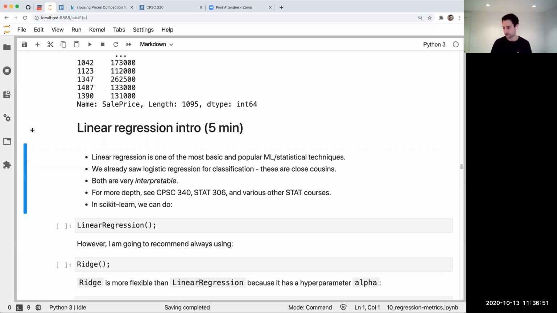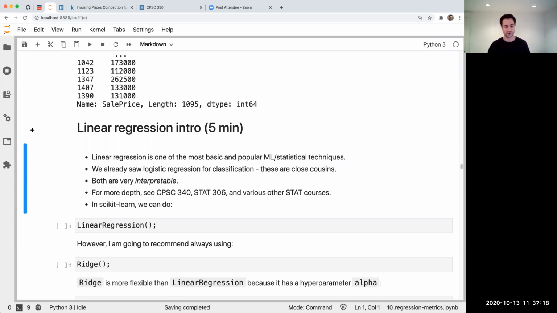With logistic regression, we made predictions. We had these coefficients, one per feature. We multiplied the coefficient by the feature, added that up for all the features, and then we got some number, and then we did something to it to get it into a probability. Linear regression is basically that without the last step. You don't do something to it at the end. So linear regression's prediction is just coefficient times feature plus coefficient times feature plus coefficient times feature.